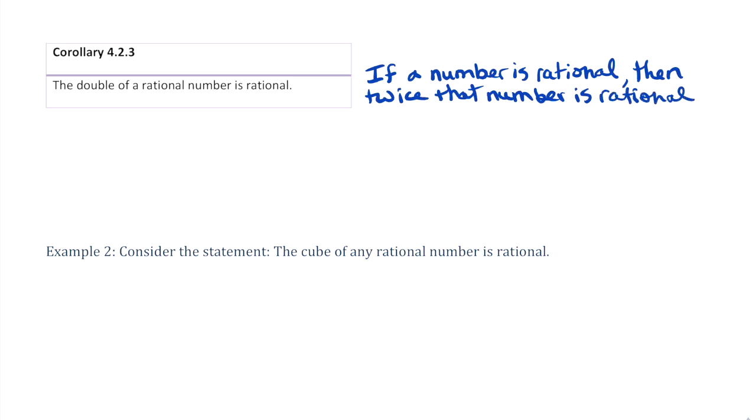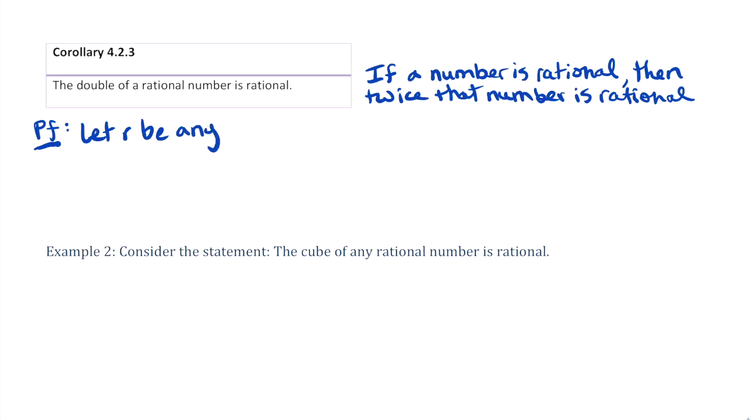All right, well, let's check it out. By the way, people shorten proof to PF, right? We're going to be using the theorem from before. So why don't we say let R be rational.